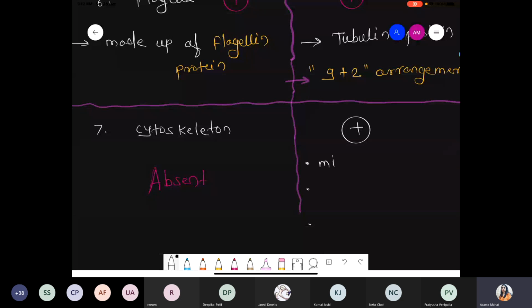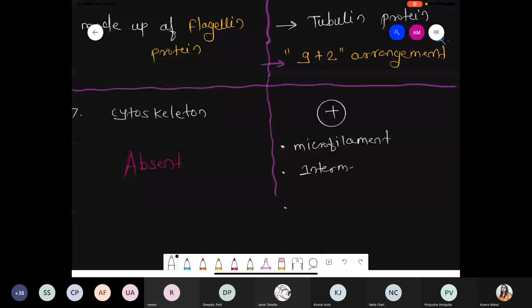Number 1, microfilament. We'll discuss this part later in detail. Number 2, intermediate filament, like keratin protein, which provides extra stability. And the last one, microtubules.